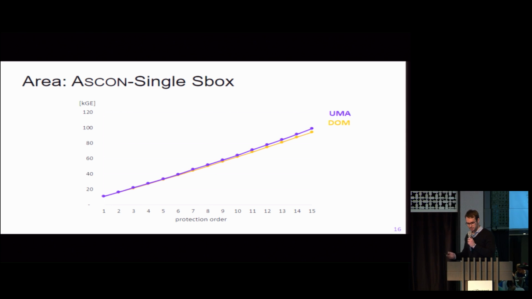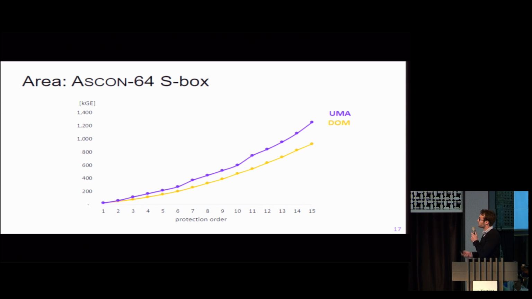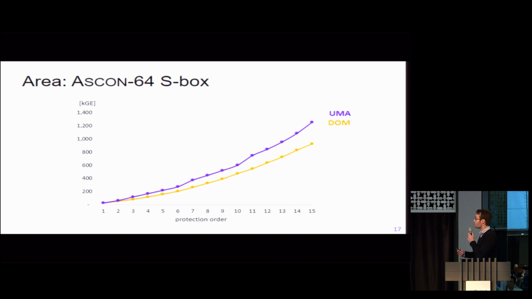And given that we have 5 ANDs in parallel that have partially the same inputs, we can reuse pipelining registers for that. So this brings UMA and DOM quite close together. The picture changes a bit if we consider the 64 S-box variant. Here the gap gets a bit higher.